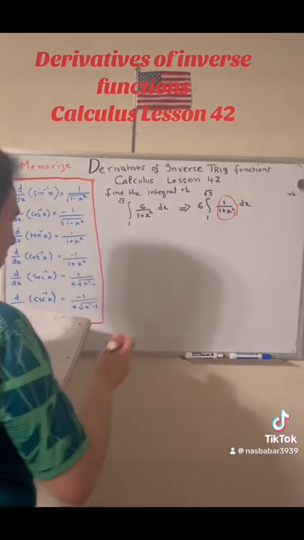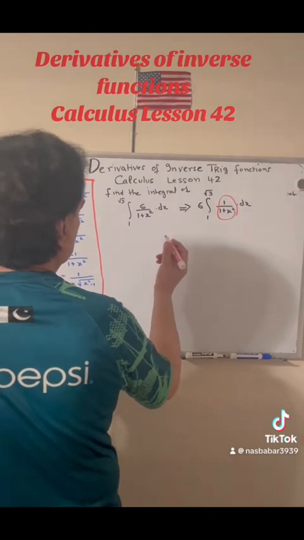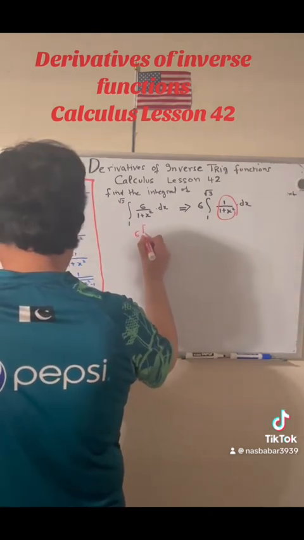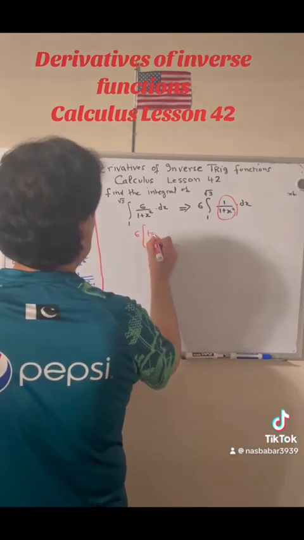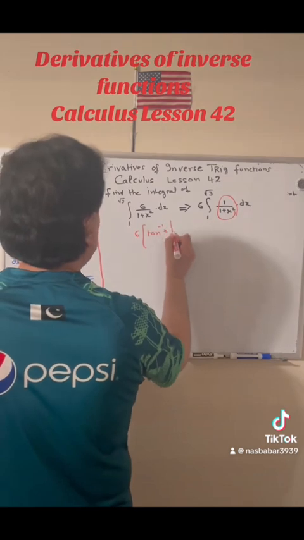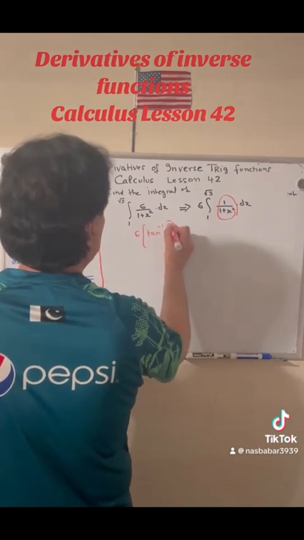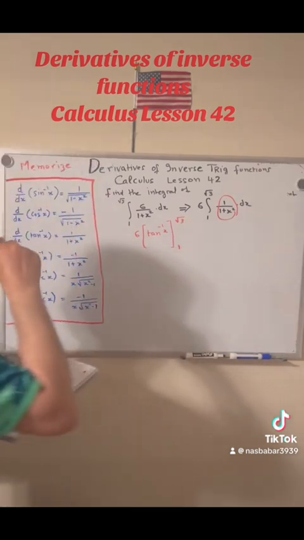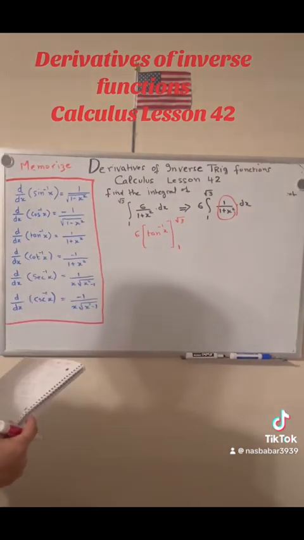So then, once I take the integral of this, I get 6 tan inverse of x, and then I have a limit on that going from 1 to under root 3. All right, easy peasy.